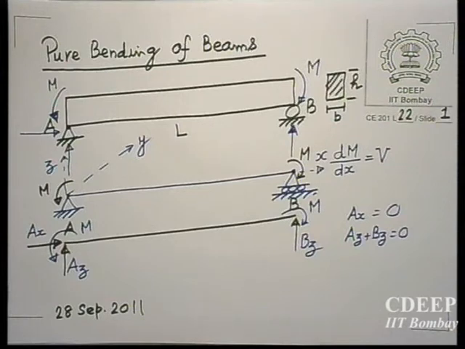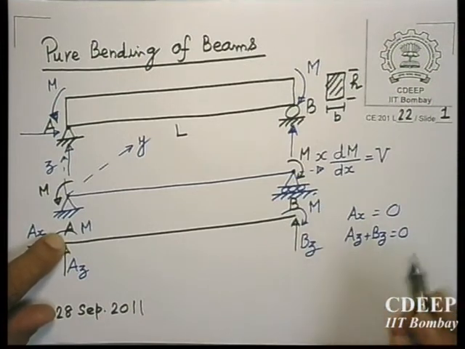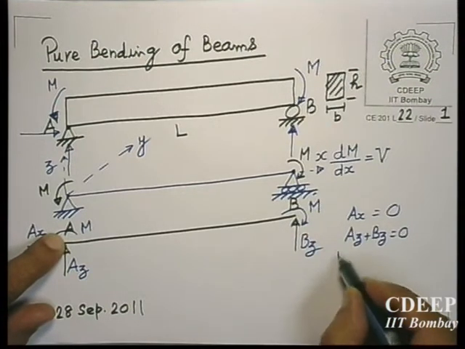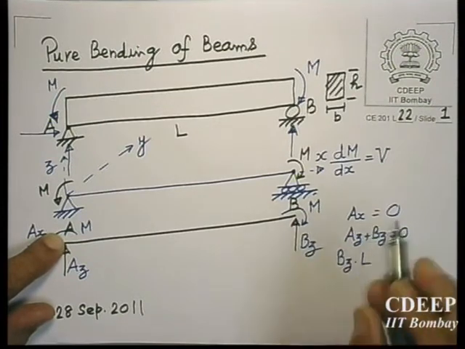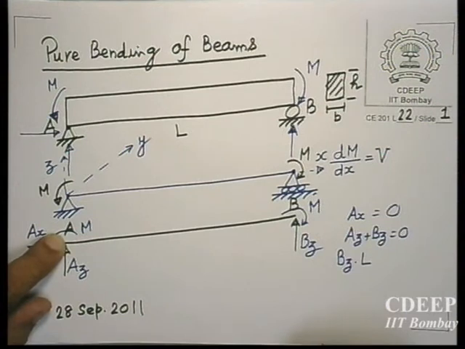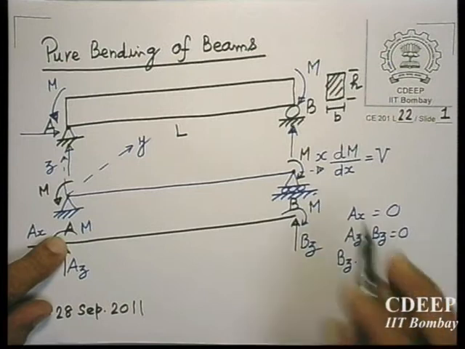Now let us take moment about point A. So we get BZ into L, which is anti-clockwise. And then there is external moment.